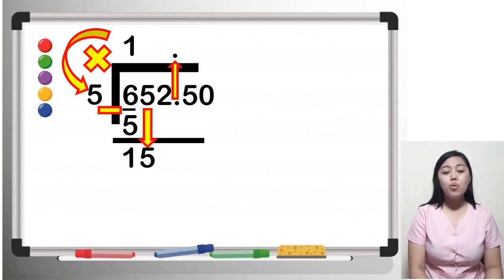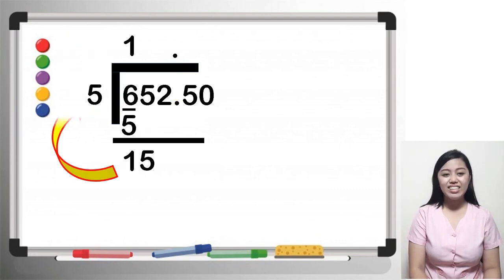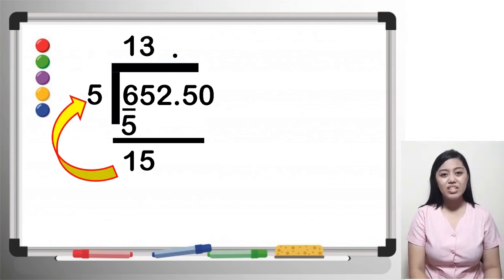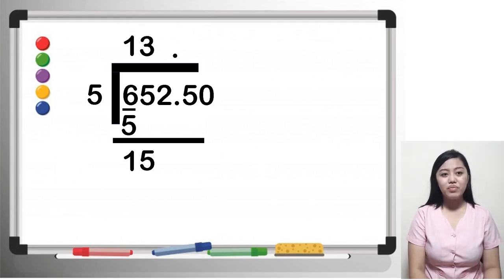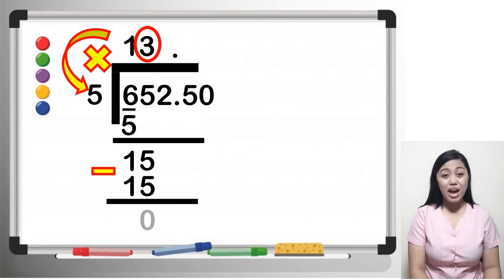Now, we will bring down 5, so we will have a new dividend, which is 15. 15 divided by 5 equals 3. So repeat the process. 3 multiplied by 5 equals 15. 15 minus 15 is 0.